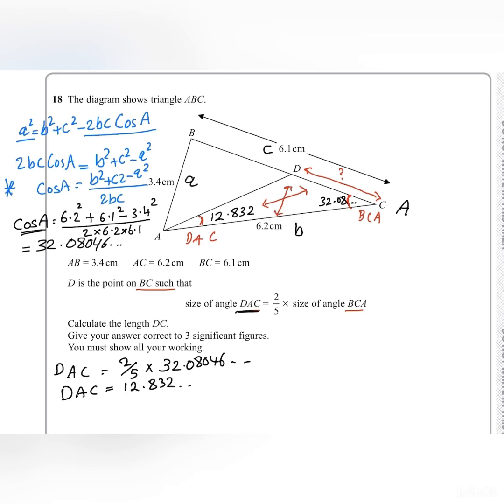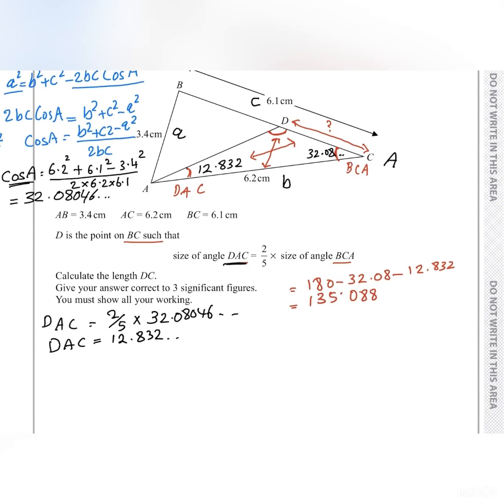Yes, so we can figure out this missing angle here by doing 180 minus the angles that we just worked out, 32.08 minus 12.832, and that angle is 135.088.